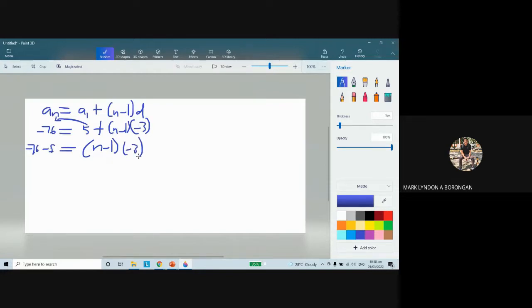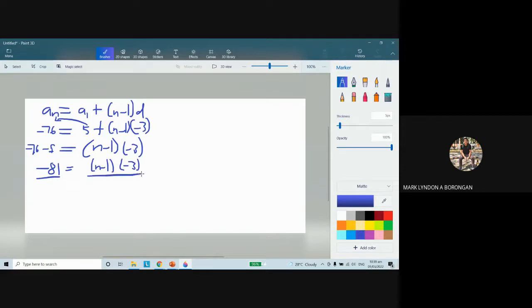Okay. Next is to simplify. Our -76 minus 5 is just -81, which is equal to n minus 1 times negative 3.